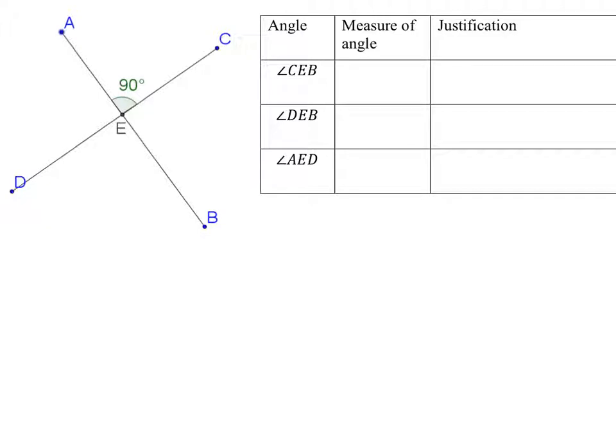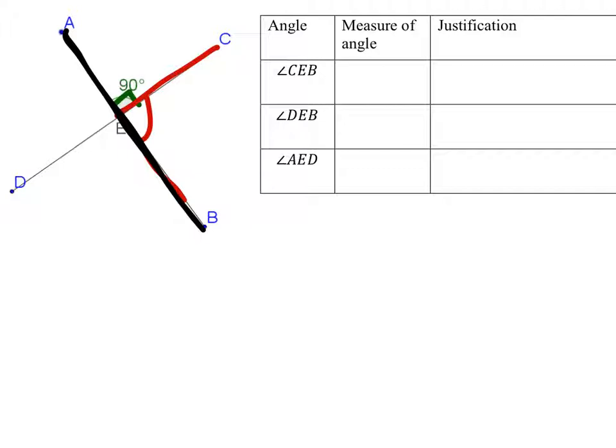So we have this angle AEC, which was given to us in green, and that's 90 degrees, so I mean we could make it a 90 degree right angle mark. But then we want to find the angle measure of CEB, this one right here. Now what we can see is that AEB is a straight line, meaning that CEB is supplementary with AEC.